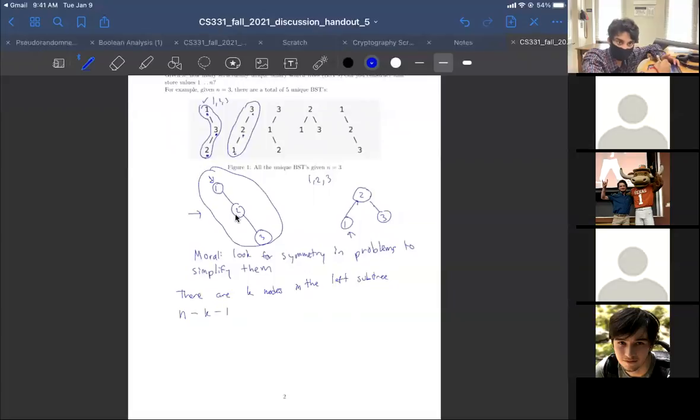K is the number of nodes in the left subtree, 1 is the root, and so you subtract from n to get the number of nodes in the right subtree. And so each different value of k gives a different set of arrangements for this binary search tree problem. So basically, we'll call it T of n.